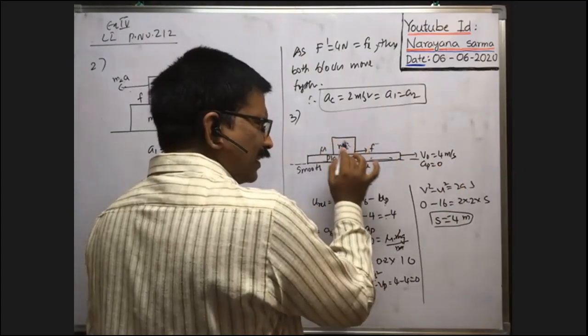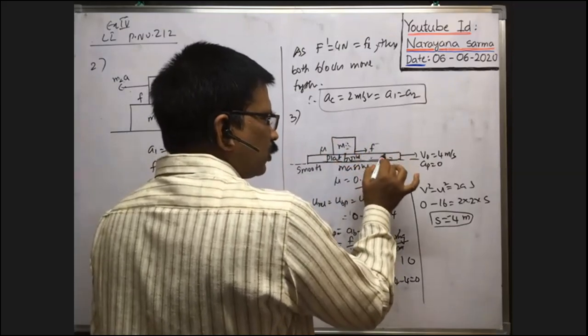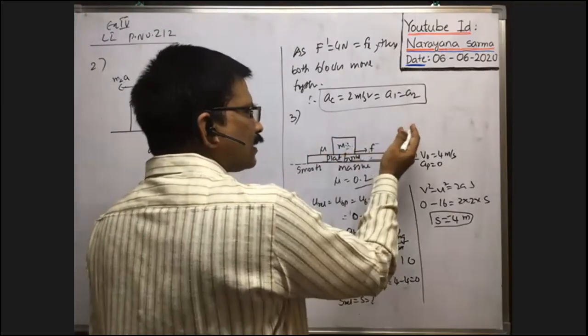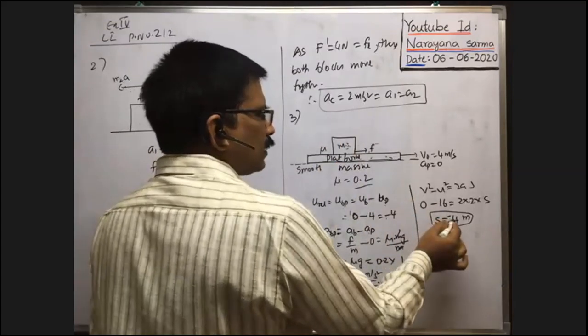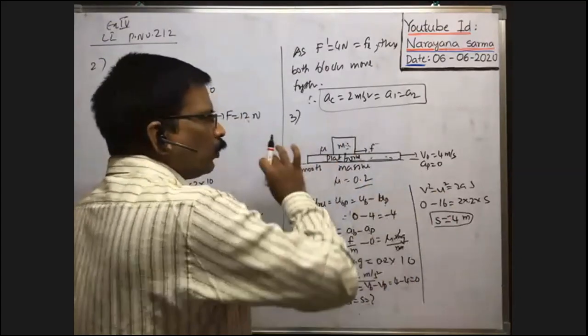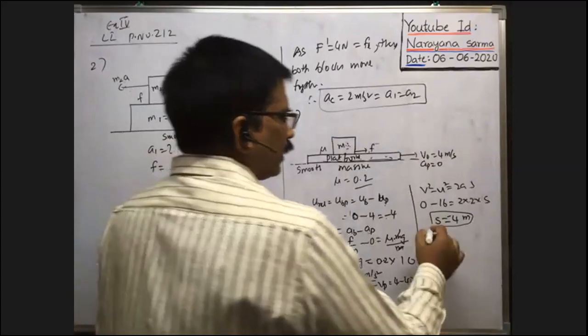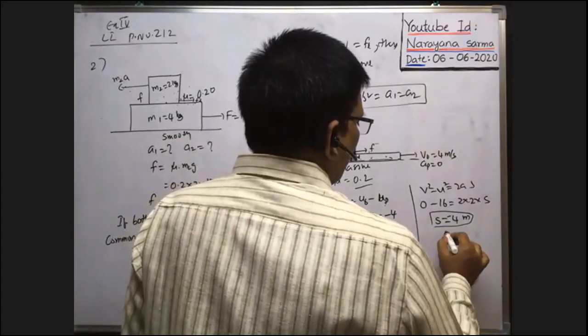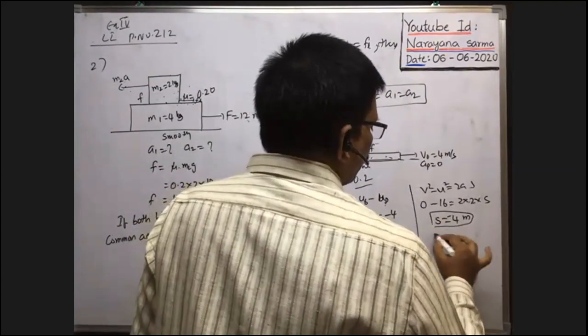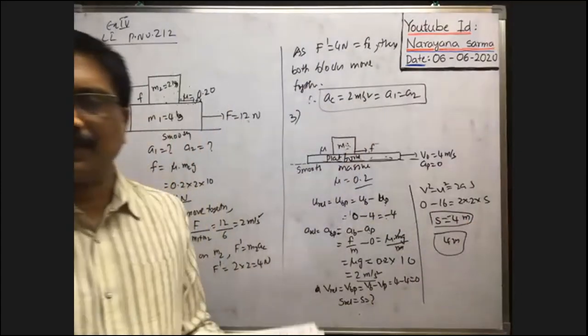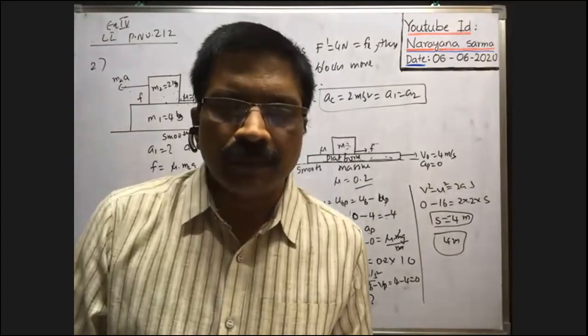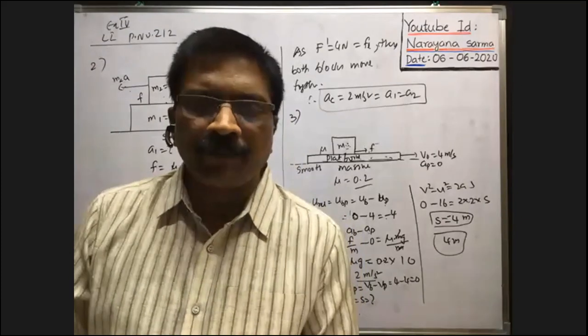Initially, it is at rest. That's why when you observe with respect to the platform, the block seems to be traveling in the backward direction to a distance of 4 meter. Then after that, both travel with the same velocities. Therefore, here the answer is 4 meter only. So 4 meter is the answer. That is the case.